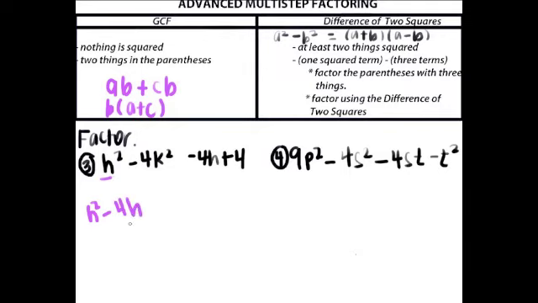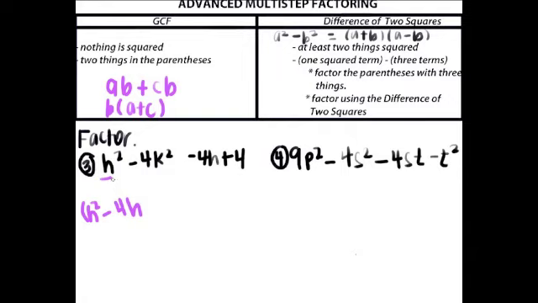Okay, so now I have an h squared, I have an h, and to complete the third thing, you're either going to have a parenthesis that has three things or a parenthesis that only has one thing in it. Since you already have two things in here, you're going to have to assume that this is the one that has three things in it. This already has two things, so it has to have a third thing to complete it.